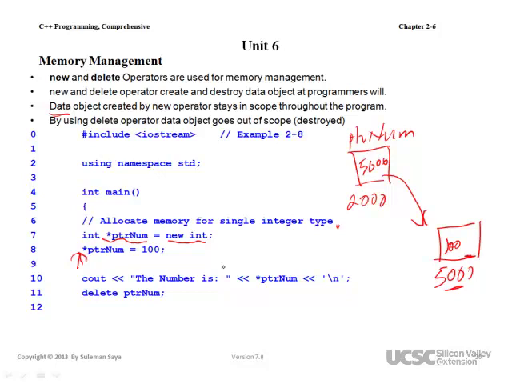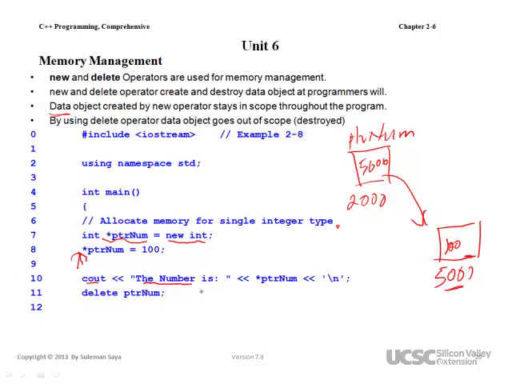So now, once the memory is written at that location, it of course will override whatever the junk was sitting in there. At line number 10, basically I'm using a cout object to display whatever was written to the integer type memory.